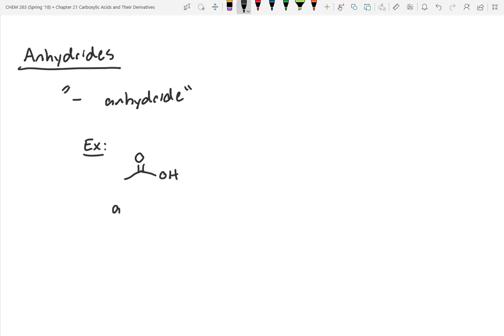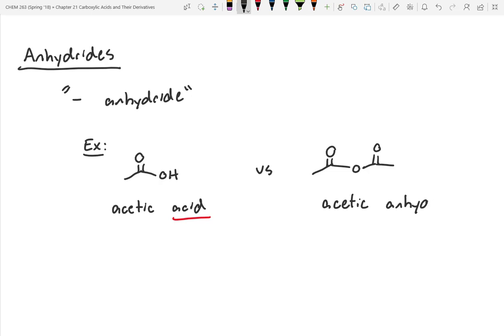So like I said, this is acetic acid. So what we're going to do is swap off the acid for an anhydride. Typically, when you see anhydrides, they're going to be symmetric for the most part. So this is just called acetic anhydride. Easy enough.